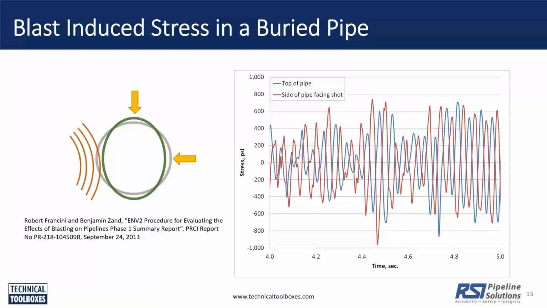And in most cases, the longitudinal and circumferential stresses are almost equal, right? The equations that we have predict both. So for the calculations, whatever stress you calculate for the circumferential direction of the pipe due to vibration, you can assume that the longitudinal is the same. Next slide, please.